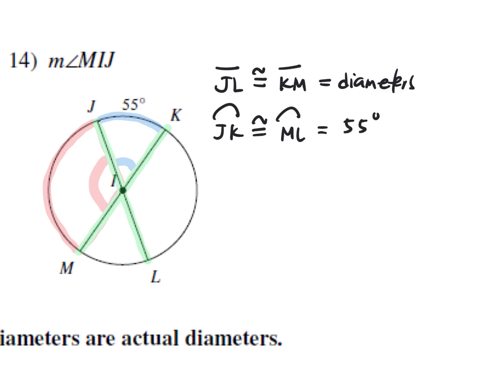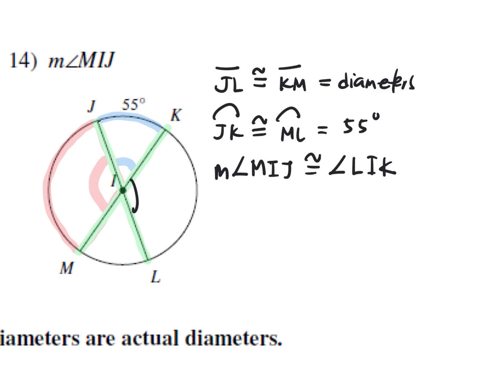Also, we can say that the measurement of angle MIJ should be congruent with angle LIK, which is still unknown.